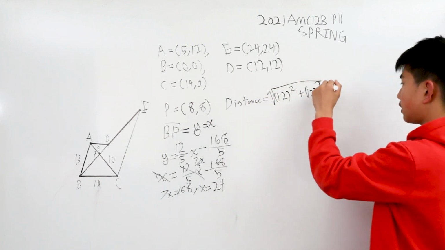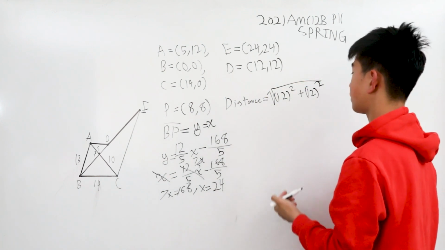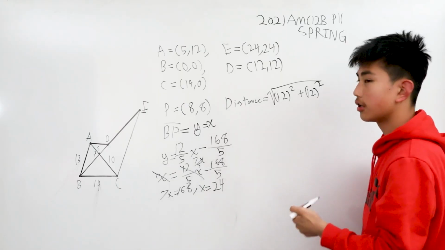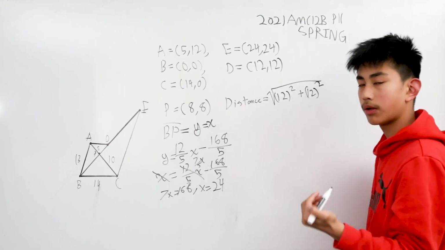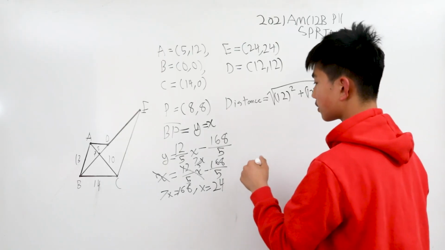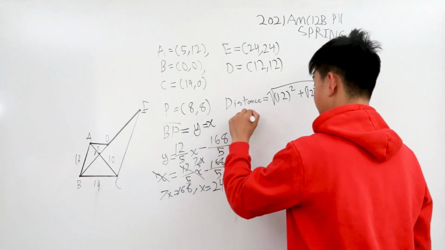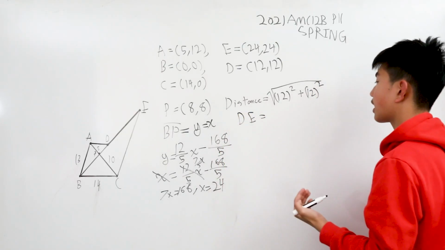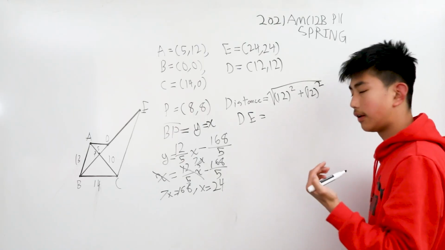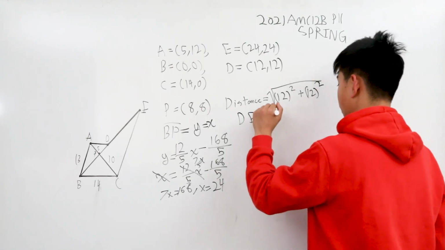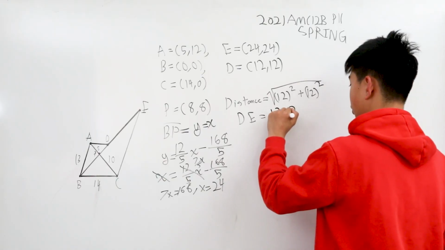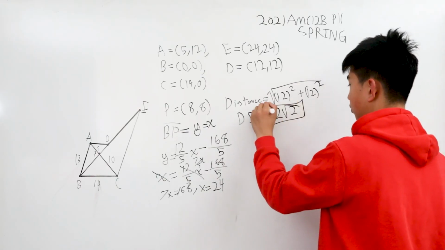This is 2 times 12 squared, so 2 times 144. When you take the 12 squared out of the square root, you get that our answer is 12 root 2. So the distance we want is 12 root 2.